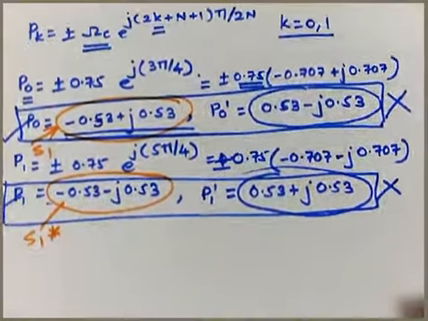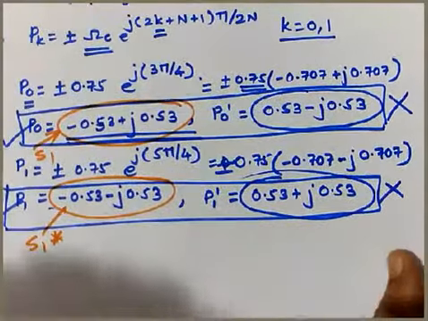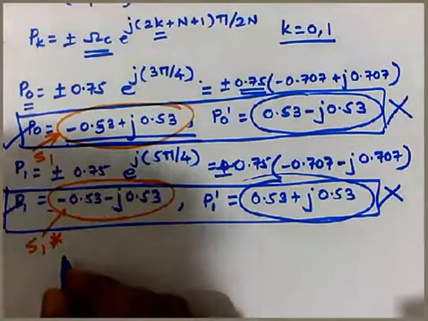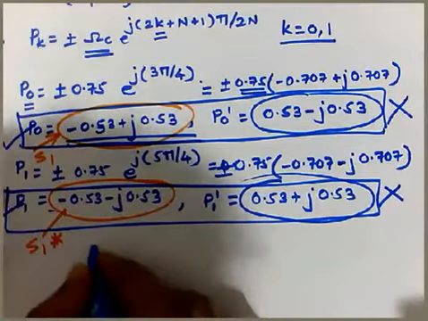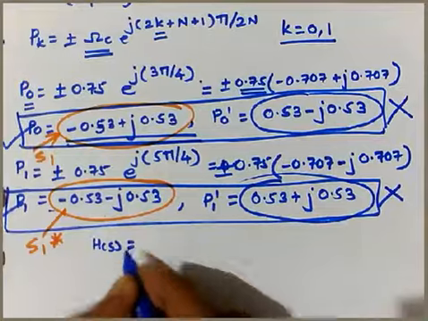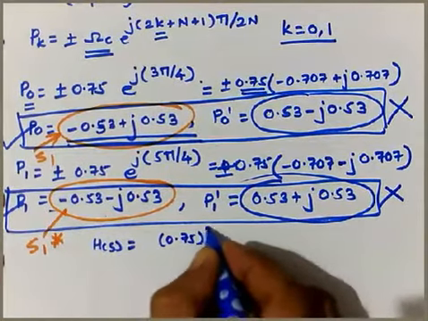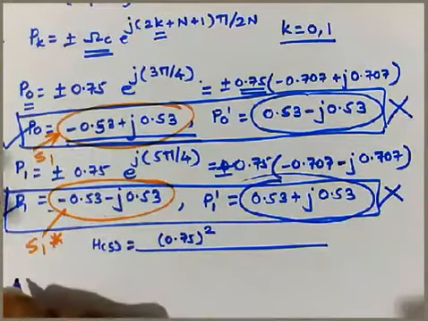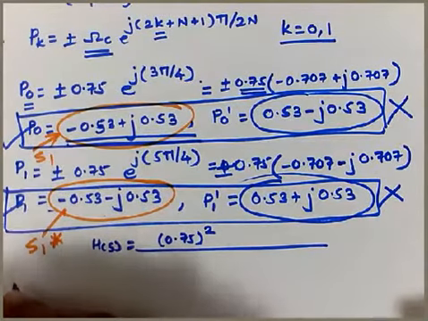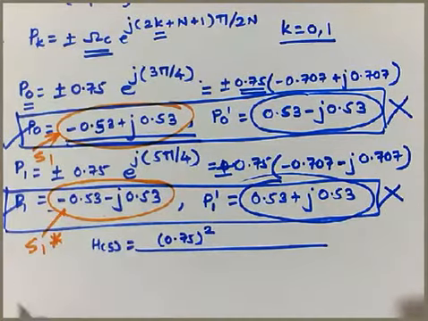That can be written with the help of the statement which we have already seen: H(s) = Ωc^N divided by ..., where Ωc is 0.75 and N is the order of the filter, which we got as 1.3 but approximated to 2.